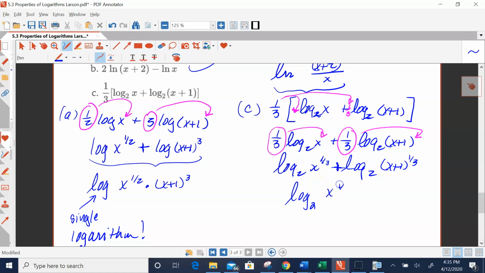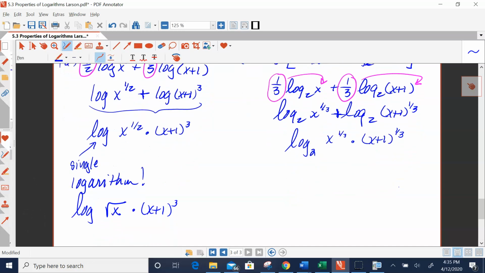So I'll have an x to the 1/3. Darn, I keep writing that. x to the 1/3 times x plus 1 to the 1/3. That type of answer is perfectly fine, but we've got to realize when working with WebAssign, it might like a different format. So realize that an alternate way to write this is log base 2.